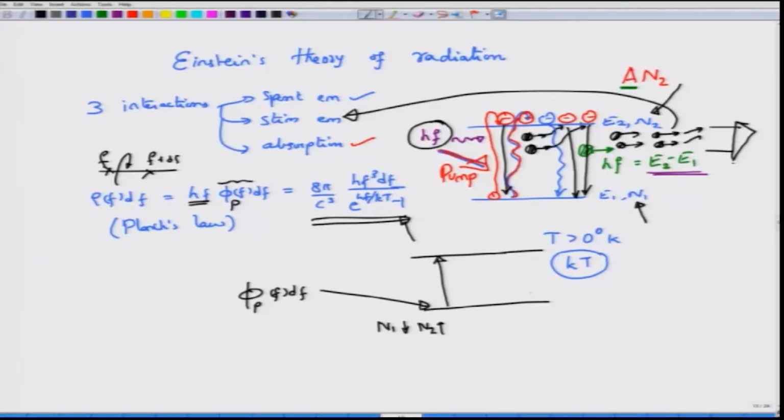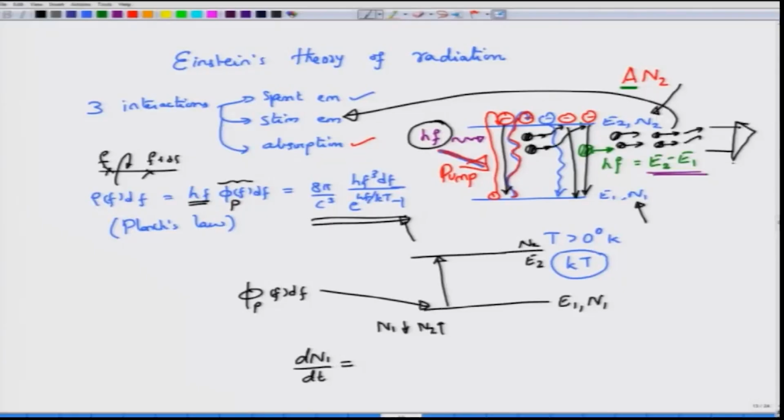So, if you now concentrate only on two levels, E1 and E2, with populations N1 and N2, as the pump is absorbed, the rate at which the population in the ground level is decreasing will be denoted by dN1 by dt, and this will be because of three processes.